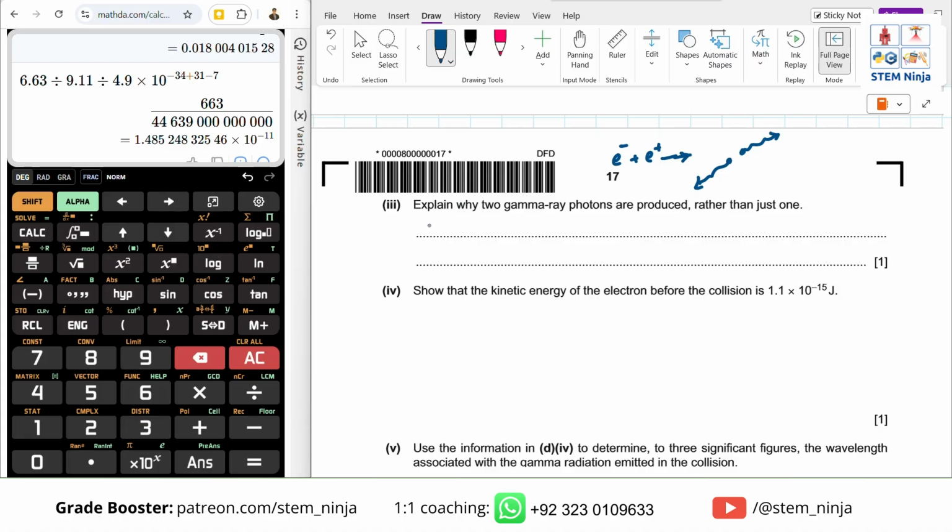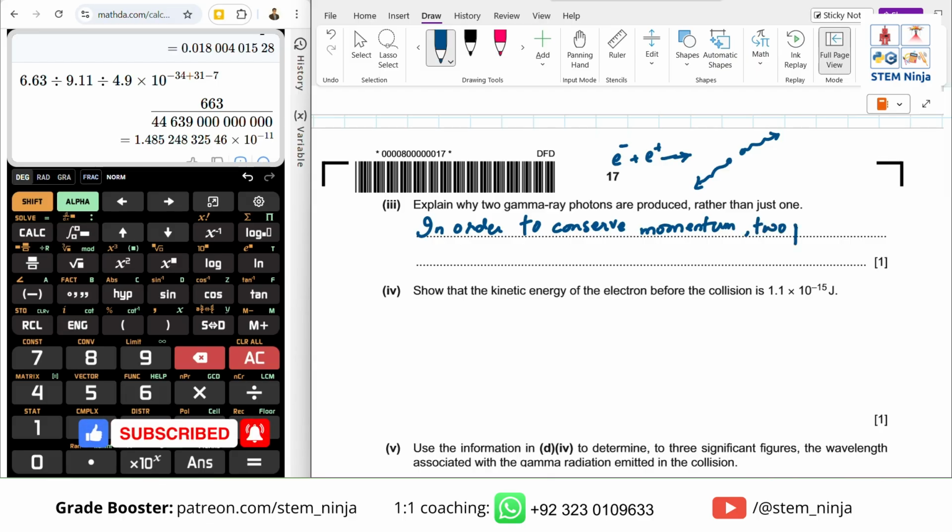So in order to conserve momentum, two photons are released traveling in opposite directions.